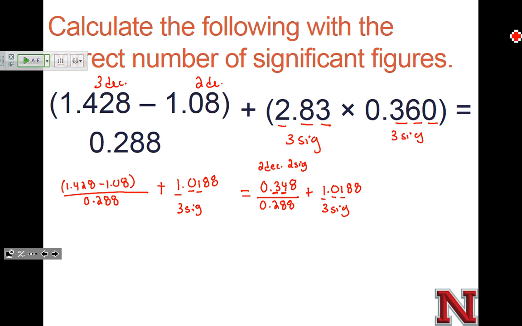Next thing I'm going to do is divide. So when I divide my 0.348 divided by 0.288, I get my 1.2083. This number only has 2 significant figures. This one has 3. We're dividing, so this number should only have 2 significant figures. I'm going to underline them.